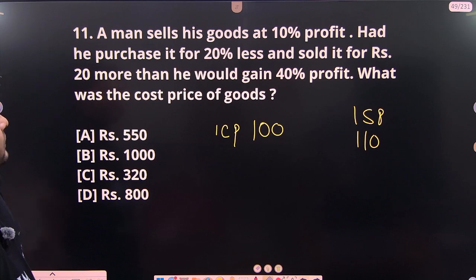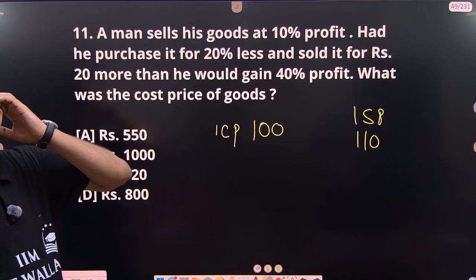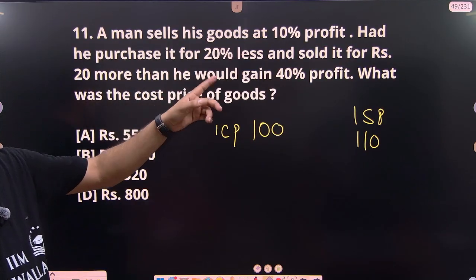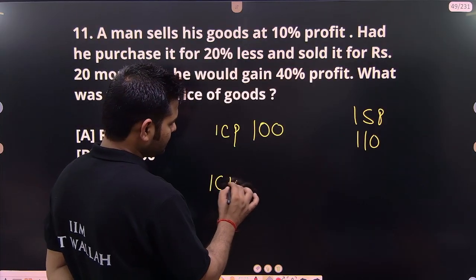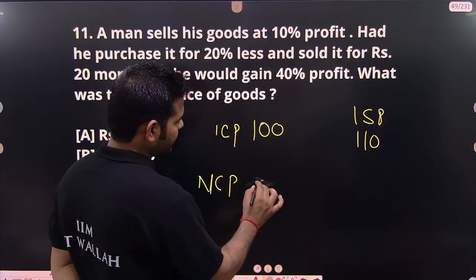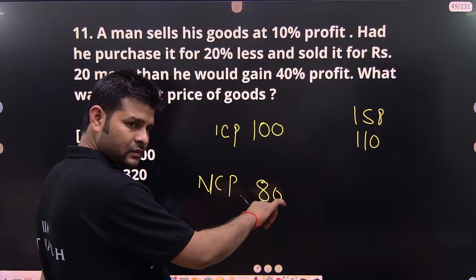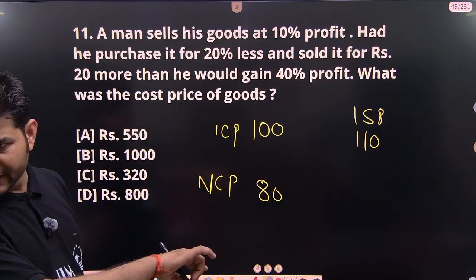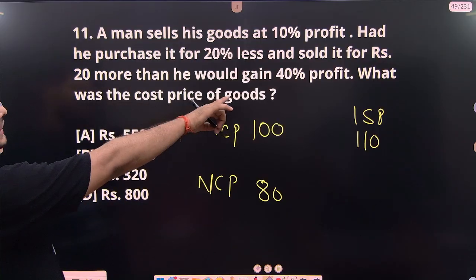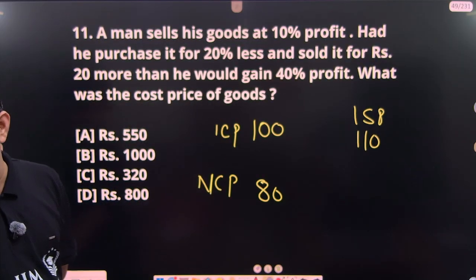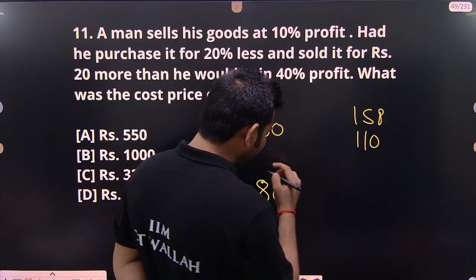And if he had purchased it at 20% less, that means the new CP is 80, and if he had sold it at 40% profit, he would gain 40% profit. So what would be the 40%?